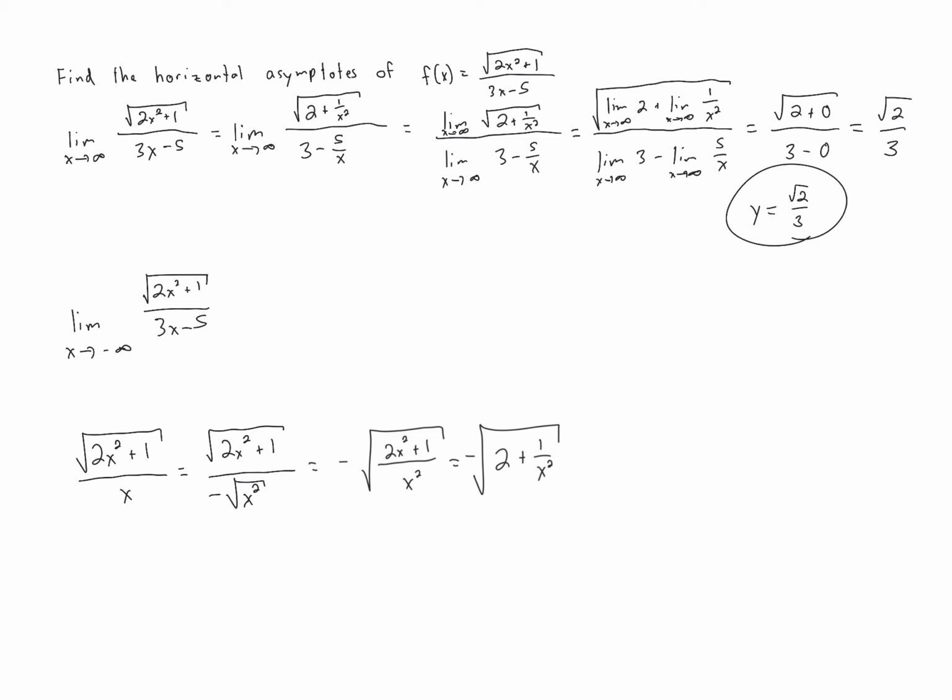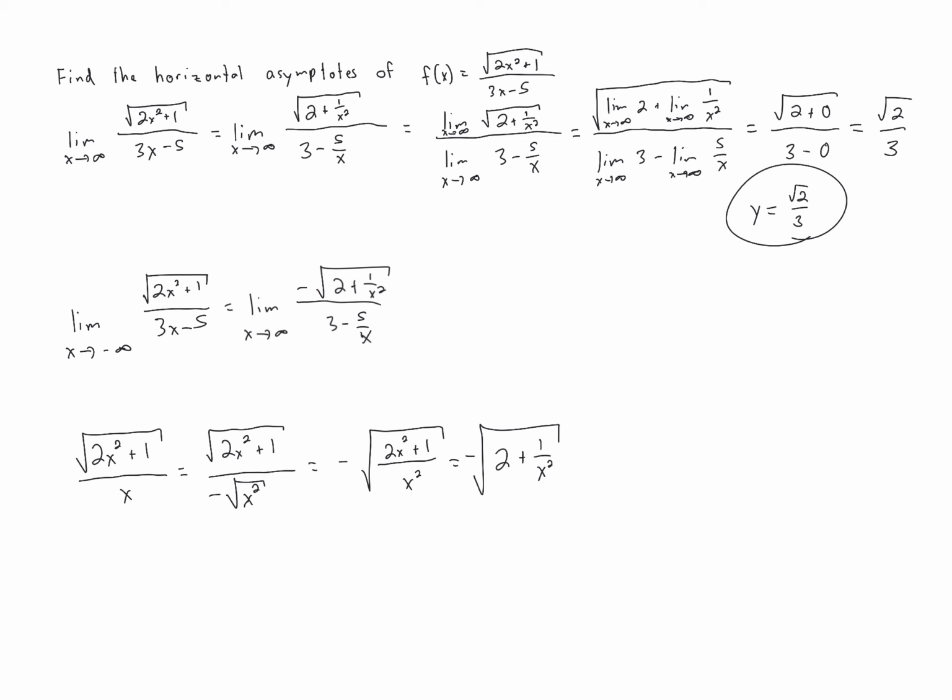And so this is going to be equal to the limit as x approaches infinity of the negative square root of 2 plus 1 over x squared all over 3 minus 5 over x. So the difference between these two problems is this one has a negative out front.